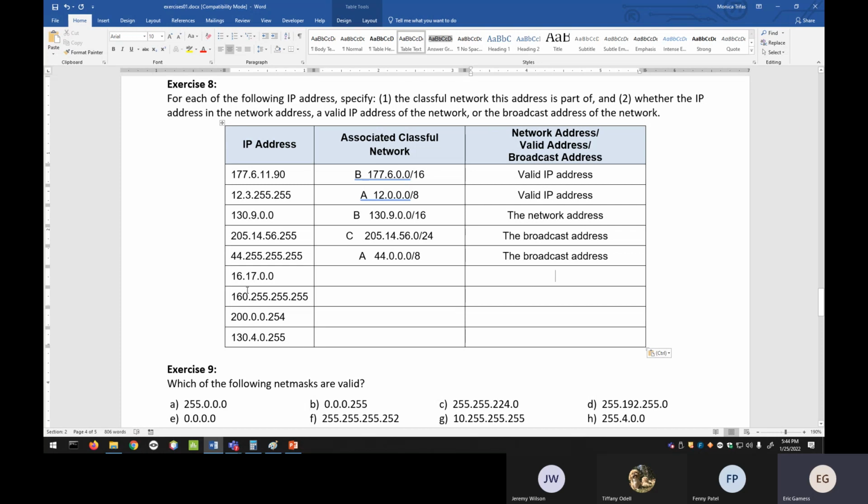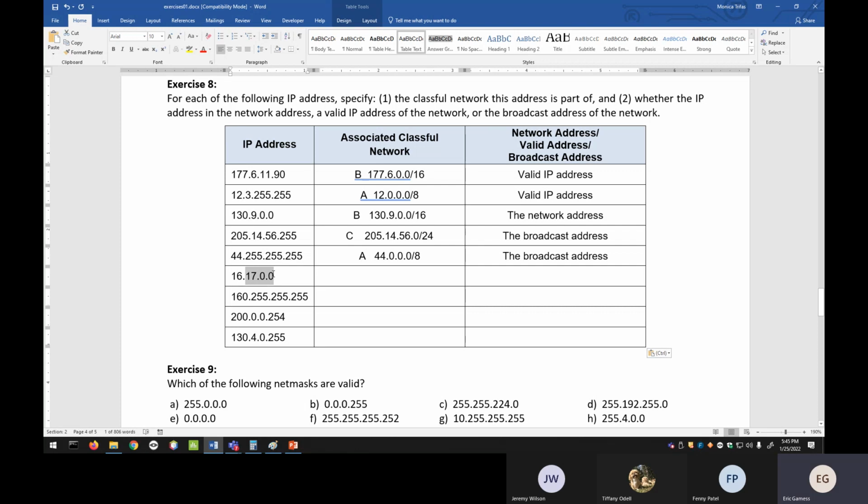Look at this one. It ends with 00. Is it the network address? It's a valid IP address, correct. Why? To be the network address, we would need a 0 here also, because this part belongs to the network part and these 3 bytes belong to the host part.